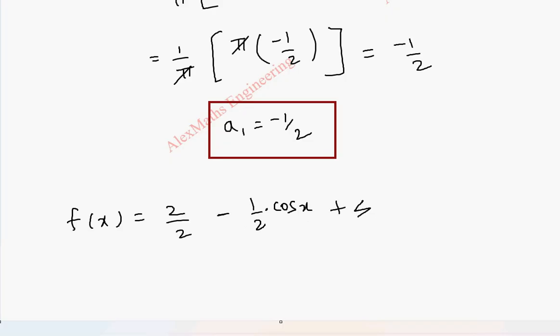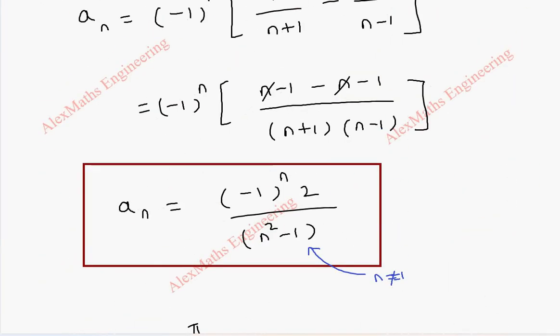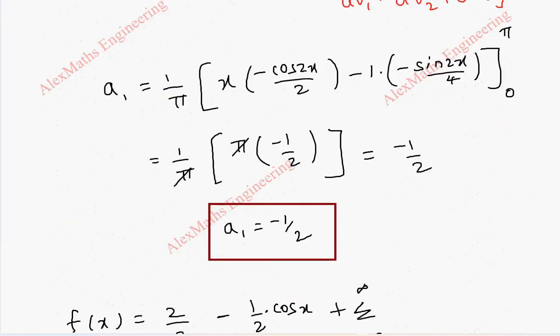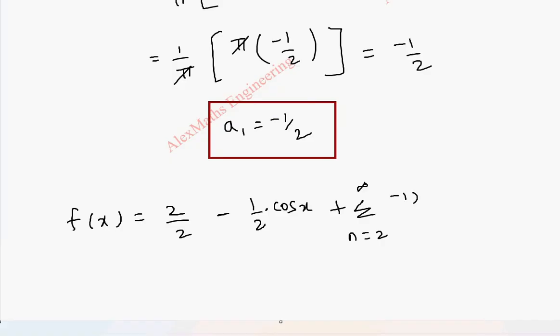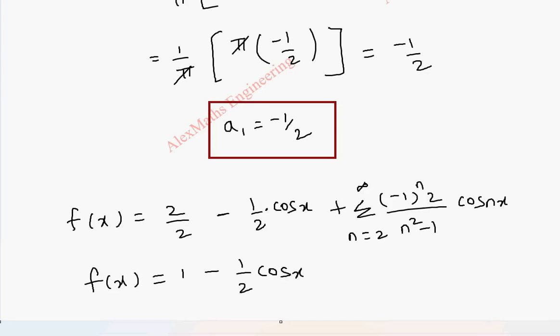Then our summation starts from 2 to infinity because already we have written 1. an is minus 1 whole power n into 2 by n square minus 1 into cos nx. Let's rearrange this further. f of x is equal to 1 minus 1 by 2 cos x, and 2 can be taken outside the summation.